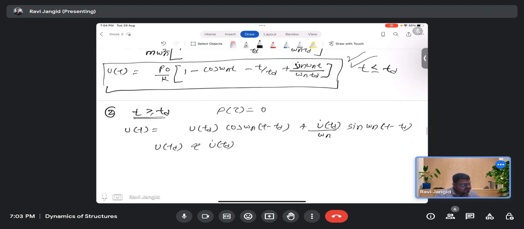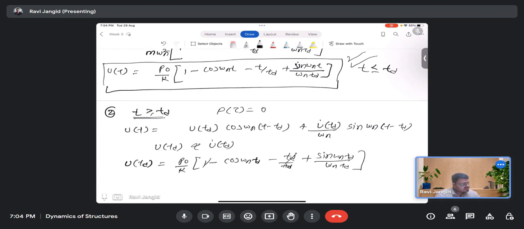So if I put td in the equation, I will get P naught by k, 1 minus cos omega n td by td plus sine omega n td over omega n td. So that would be 1, so that will cancel out.